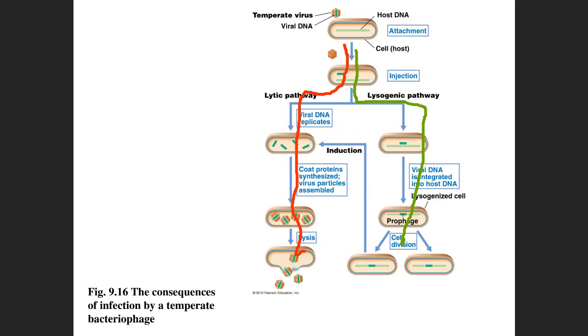So the bacteria, the Lambda virus, it gets into the host cell, and then it smells the bacteria. It asks, is this a healthy bacteria, or is this a drunken, about to die bacteria?